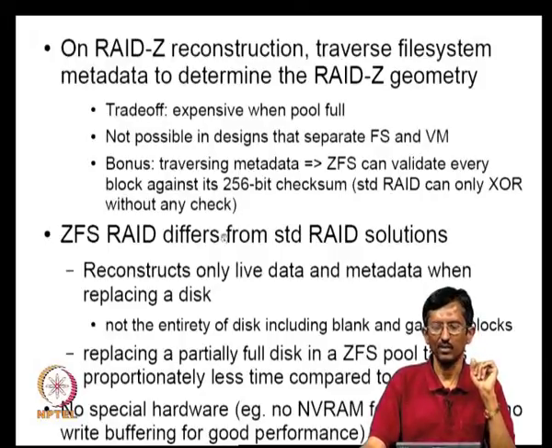So basically, if you summarize, ZFS RAID differs from standard RAID in that it reconstructs only live data. You don't have to look at the whole disk, because there is no information at the volume manager level about which block is blank or garbage. Because it's a raw device, nobody knows whether a block is being used.